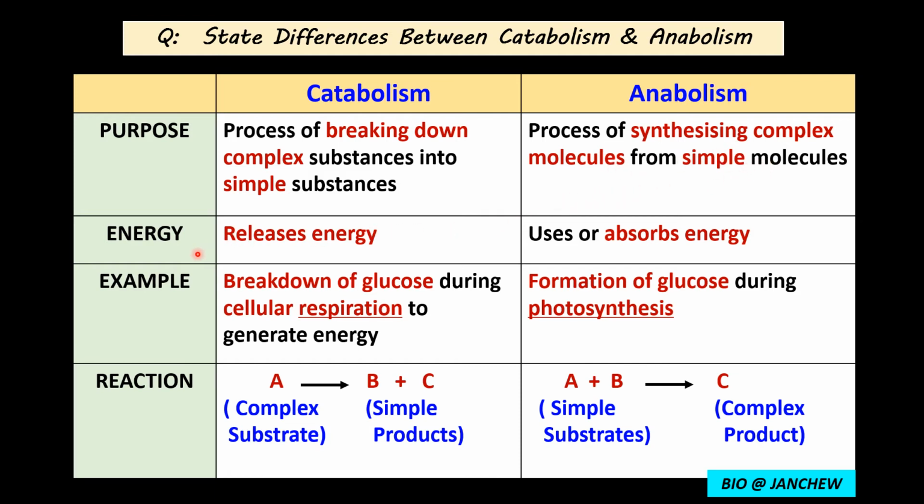Now, in terms of the energy, catabolism releases energy, whereas anabolism uses or absorbs energy. An example of catabolism is the breakdown of glucose during cellular respiration to generate energy. So the example is cellular respiration. For anabolism, the example is the formation of glucose during photosynthesis in plants.